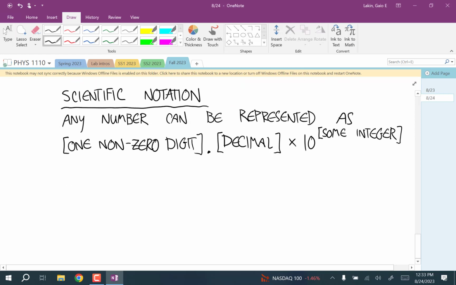So for example, negative 31,460, let me actually make that negative. You could write that as negative 3.146 times 10 to the fourth power.